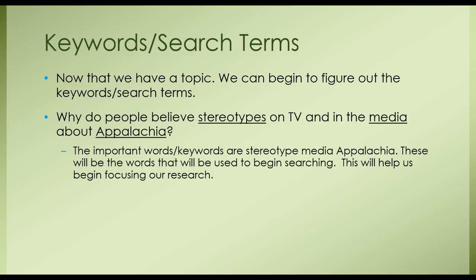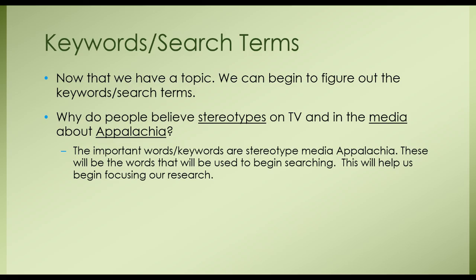Now that we have our topic, we can begin to figure out what our keywords or search terms are. My question was, why do people believe stereotypes on television and in the media about Appalachia? So the most important words, or my keywords, will be stereotype, media, Appalachia. I didn't put television in there because television is included in media.